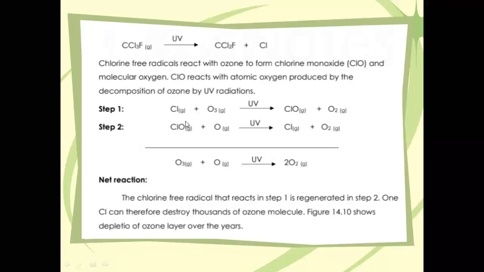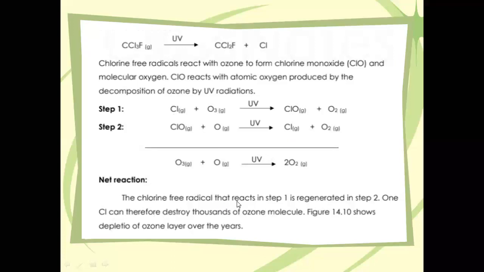Chlorine monoxide is present at the reactant side and also at the product side, and chlorine free radical at the reactants and at the products. So from this side we will get ozone and atomic oxygen, and from the other side we will get two oxygen molecules. So this is the net reaction.